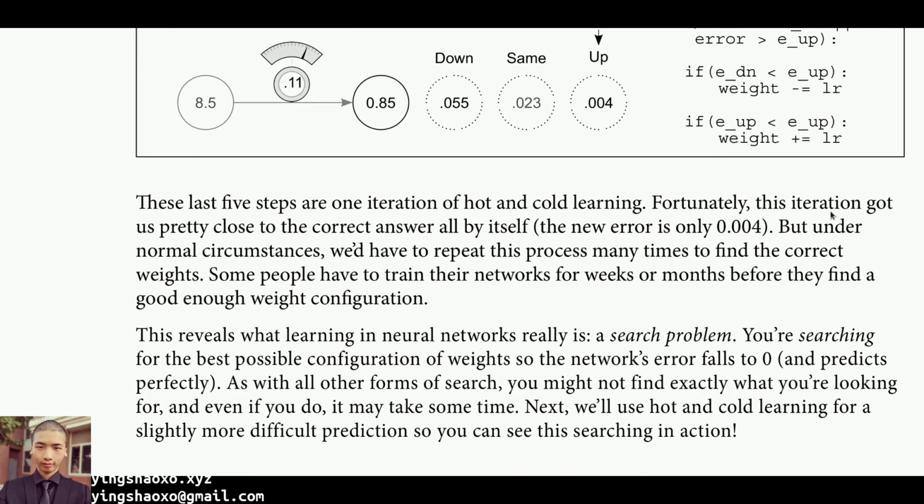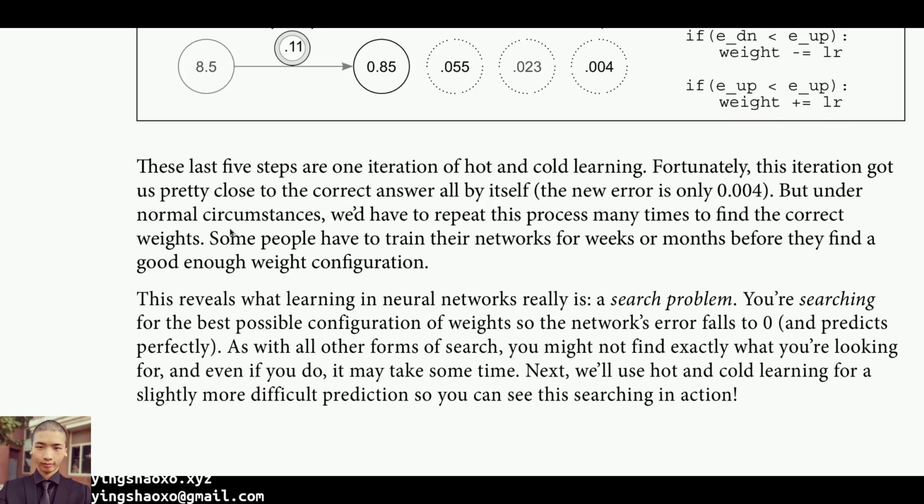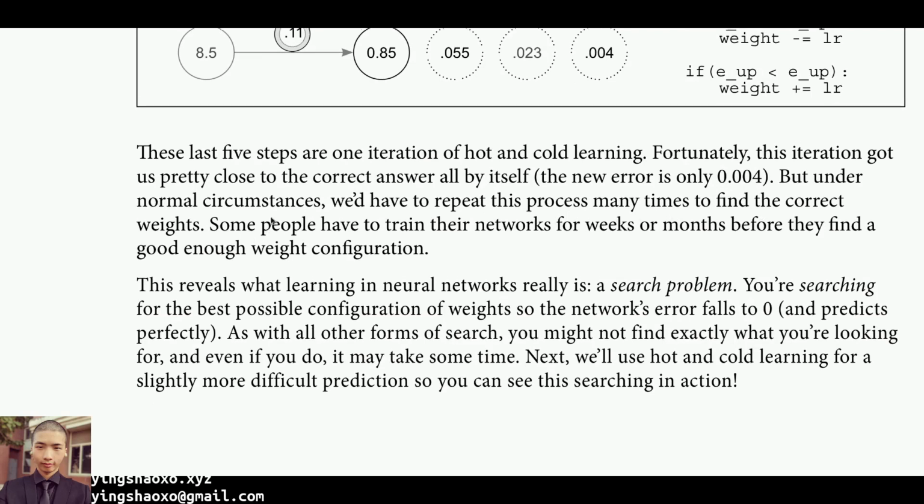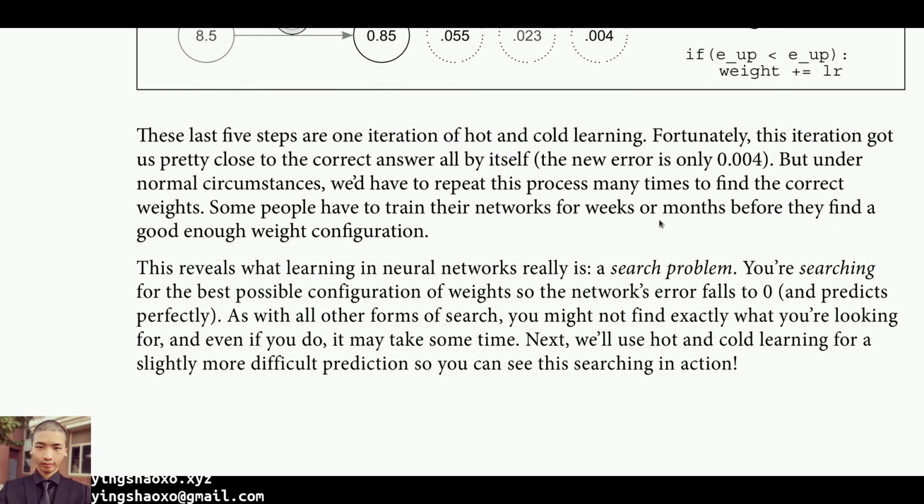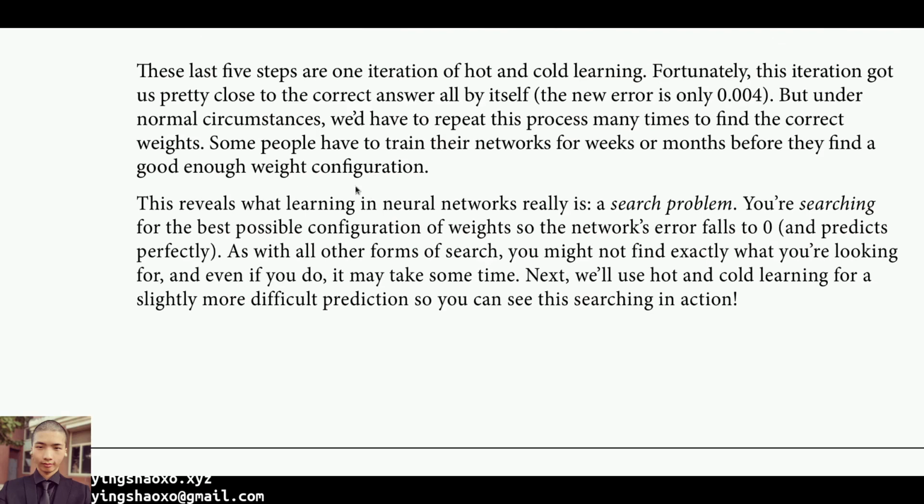Fortunately, this iteration got us pretty close to the correct answer all by itself. The new error is only 0.004, but under normal circumstances, we would have to repeat this process many times to find the correct weights. Some people have to train their networks for weeks or months before they find a good enough weight configuration. This reveals what learning in neural networks really is: a search problem.